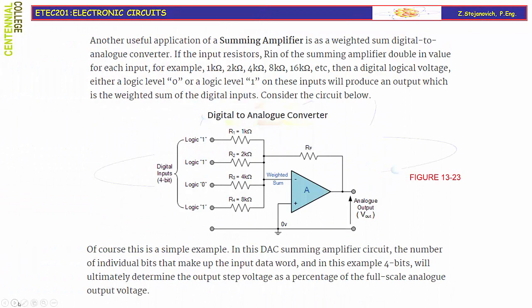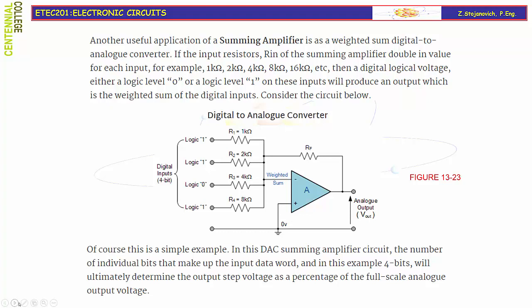Another useful application of a summing amplifier is a weighted sum digital to analog converter. If the input resistors RIN of the summing amplifier double in value for each input, for example 1K, 2K, 4K, 8K, 16K, and so on, then a digital logical voltage, either a logical level 0 or a logical level 1 on these inputs, will produce an output which is a weighted sum of the digital inputs.